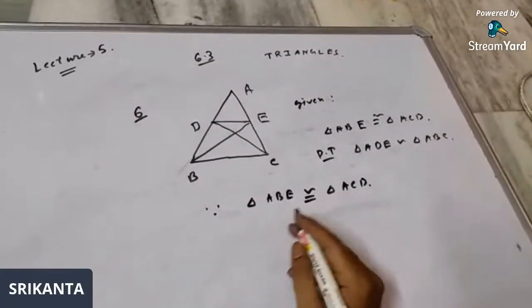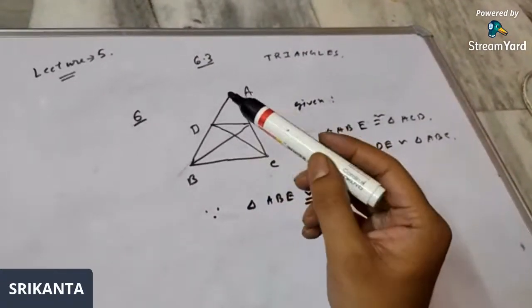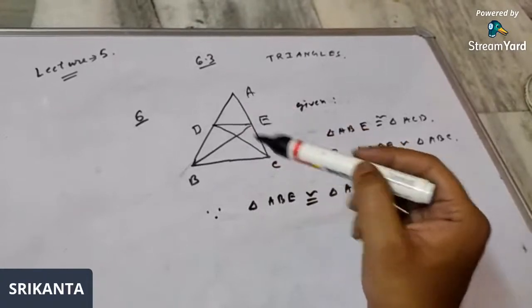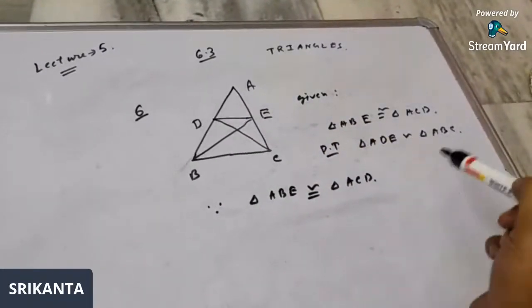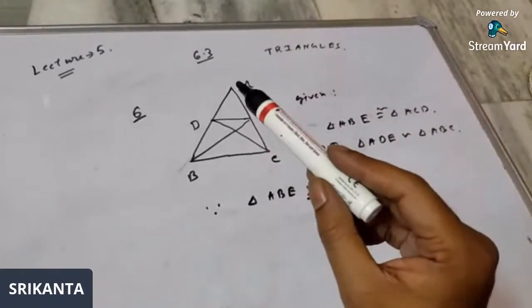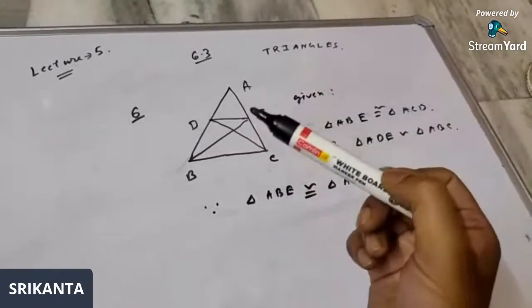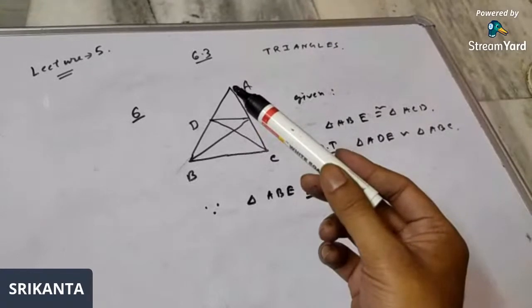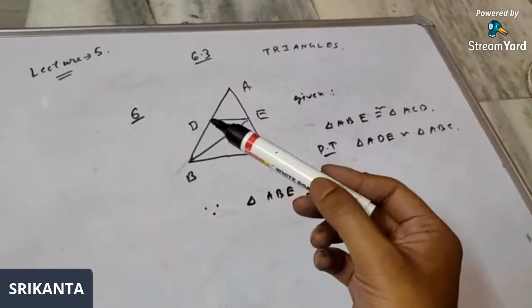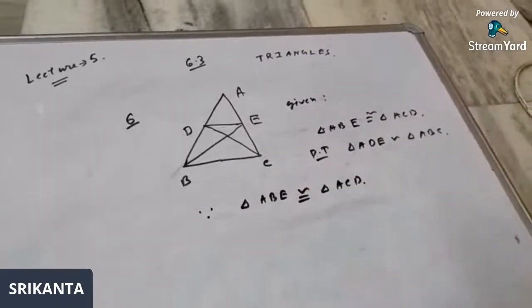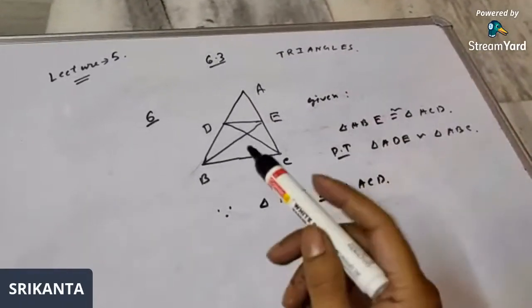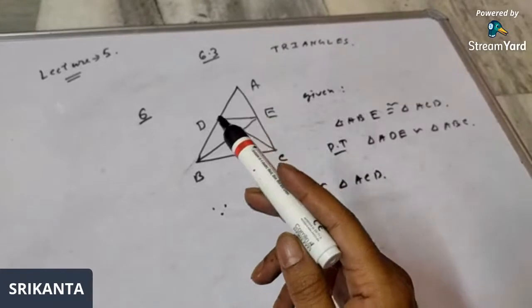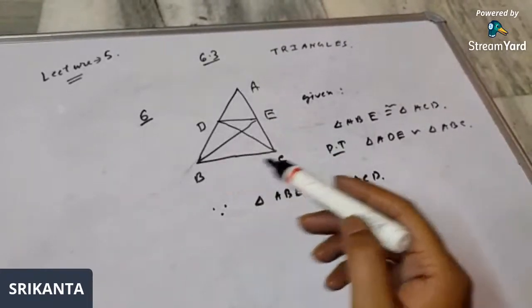So since they are congruent, what can we say? Since these are congruent, we can say anything, right? But in order to prove triangle ADE similar to ABC, what do we need to prove? We need to prove either AD by DB is equal to AE by EC, or we can prove the criteria. So ADE and ABC.